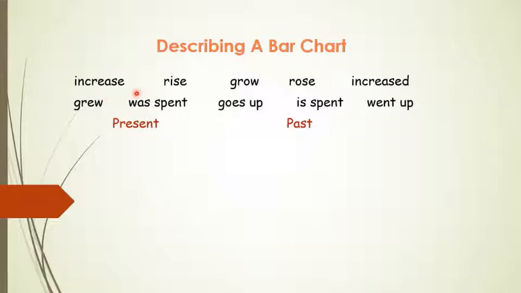Increase, rise, grow, rose, increased, grew, was spent, goes up, is spent, and finally we have went up. What you need to do is put these verbs into the categories given. One is present, the other one is past. Let's try from the very beginning.